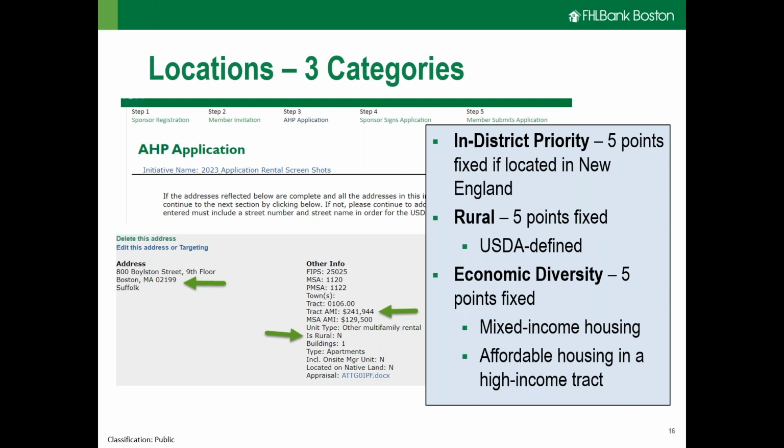Some categories like rural, it's a USDA defined category. That's really just based on your application. It's yes or no. Same with in-district priority, yes or no, based on your location. And then same with economic diversity. What we're looking for there is mixed income housing in a low income census tract, or affordable housing in a high income tract.